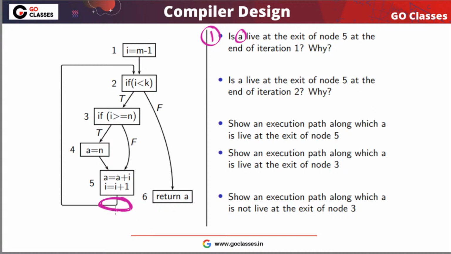It means, are you using a, is there any chance you are going to use a in future? Tell me at this point. Of course there is a chance. Can you notice?